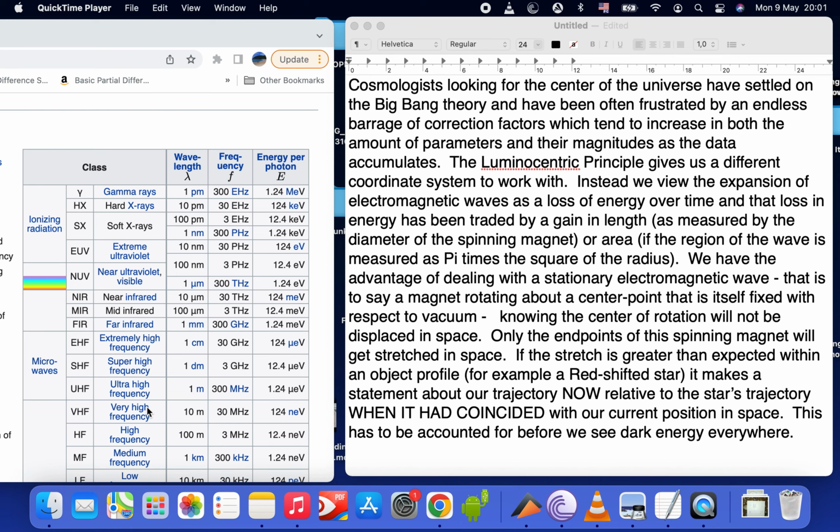Now, if the cosmic microwave background didn't move, what it did is it stretched. So what we're guessing here is that they stretched all the way down from gamma rays.